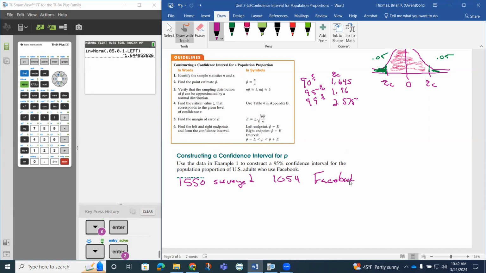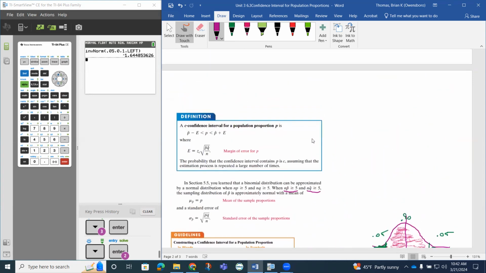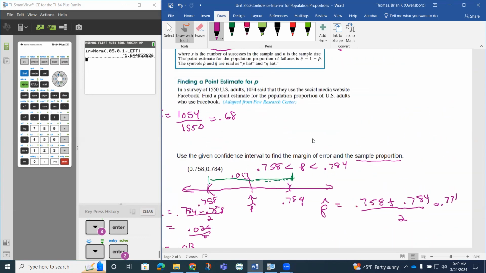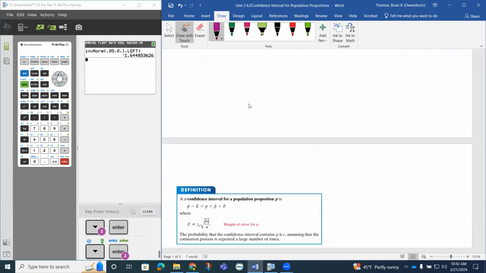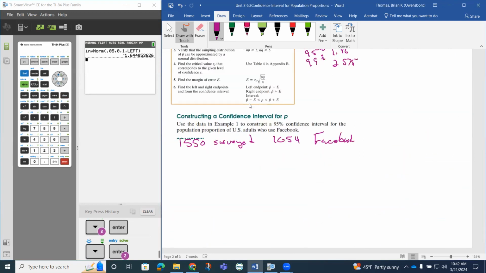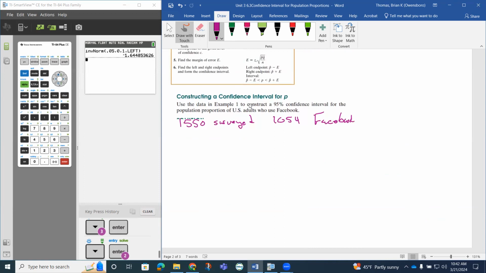So if we go back over and look at our question, 1,550 were surveyed, 1,054 used Facebook.